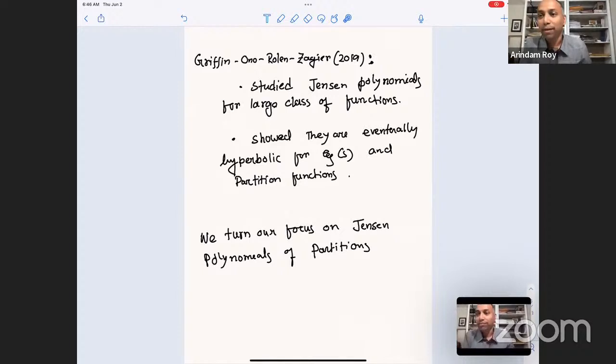This is the background on hyperbolicity, Jensen polynomials, and some recent study. From now on, we will focus on partition functions and similar functions and the corresponding study of hyperbolicity. Any questions so far?